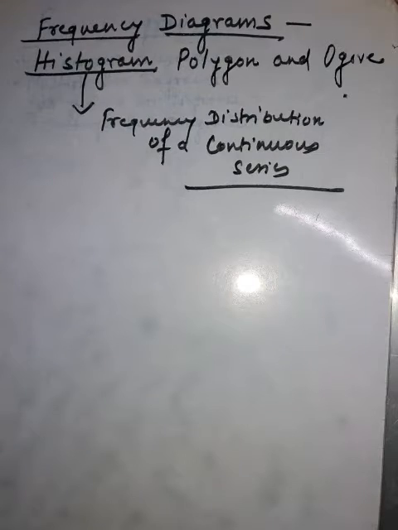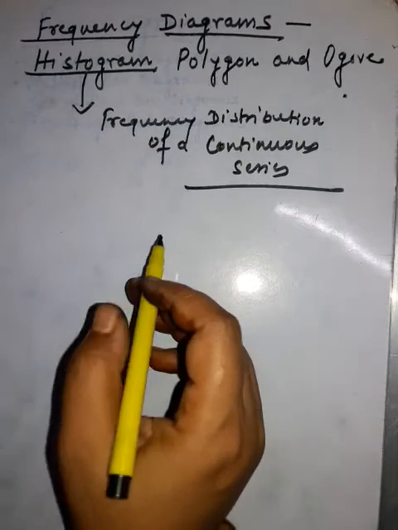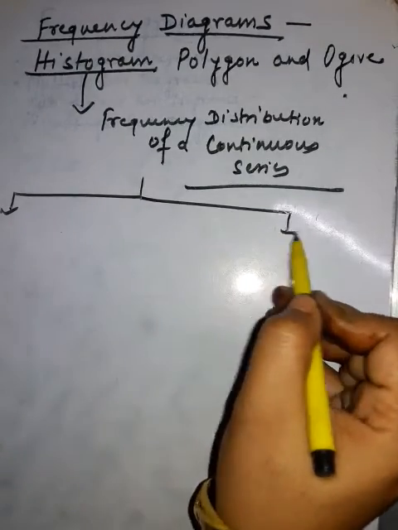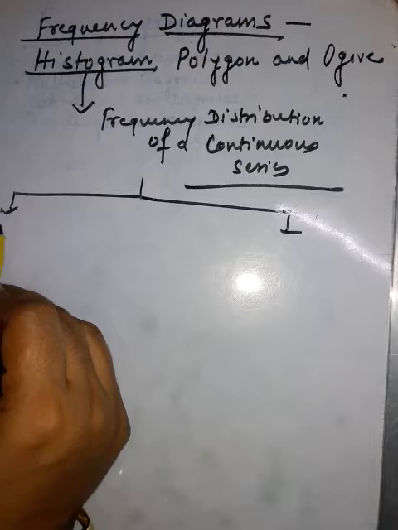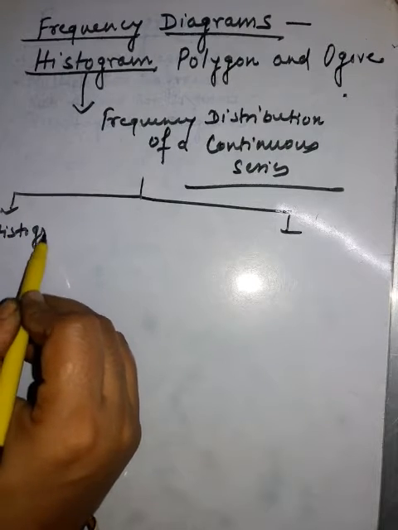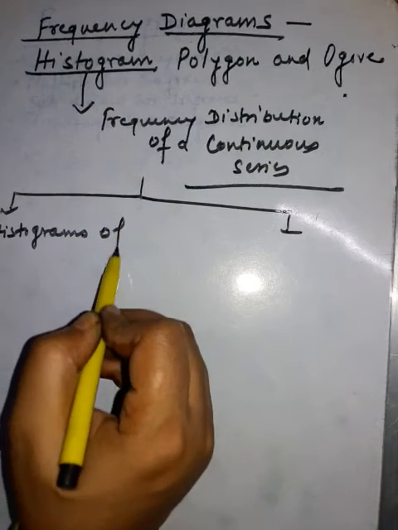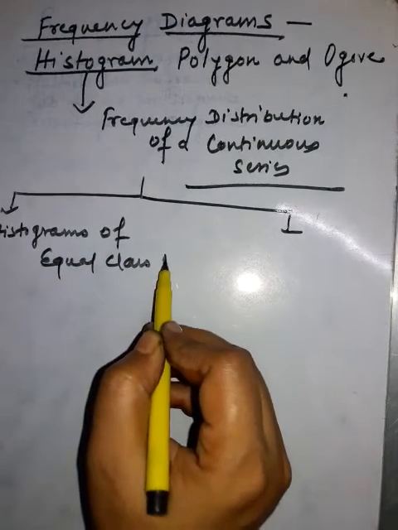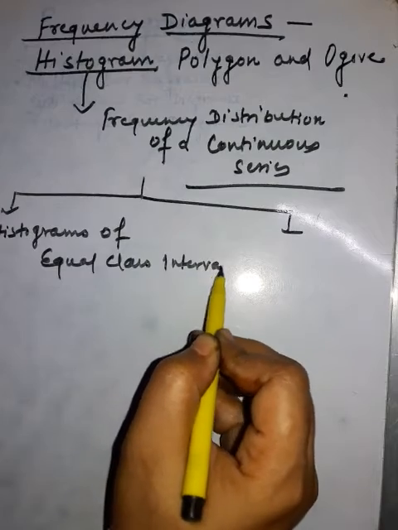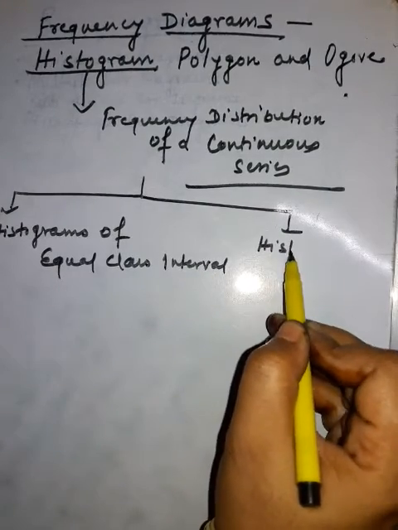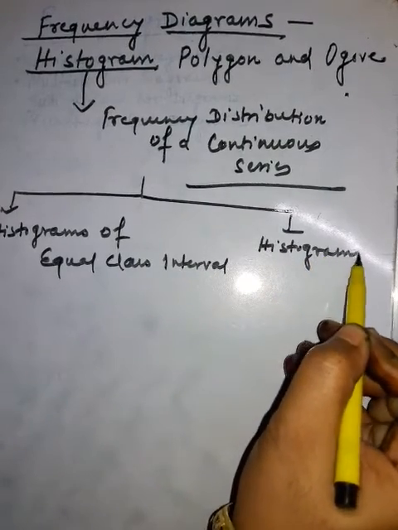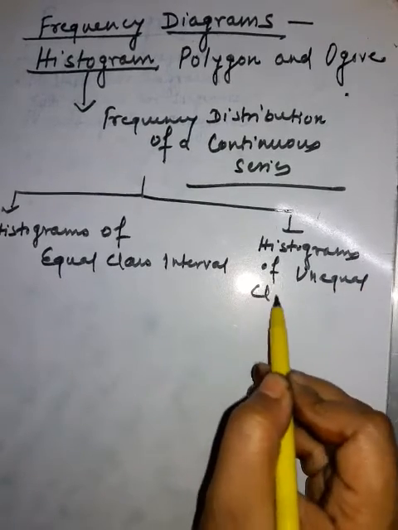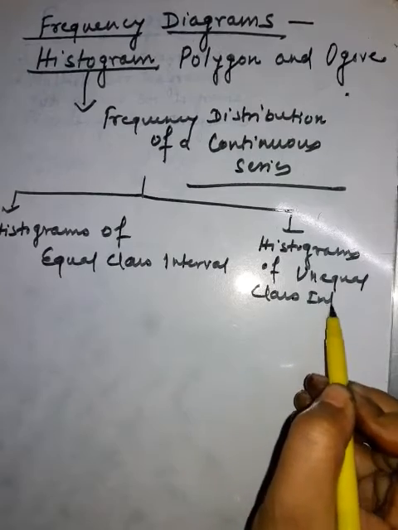Histograms of frequency distribution are of two types. First is histogram of equal class interval, or histogram of unequal class interval.